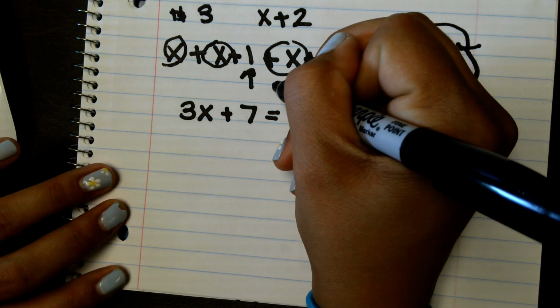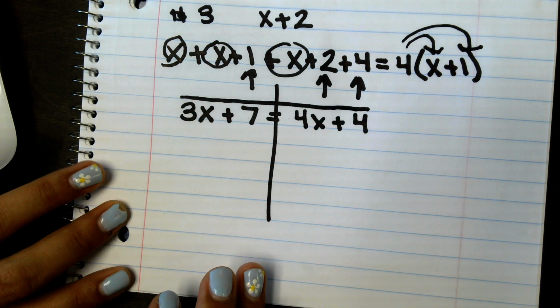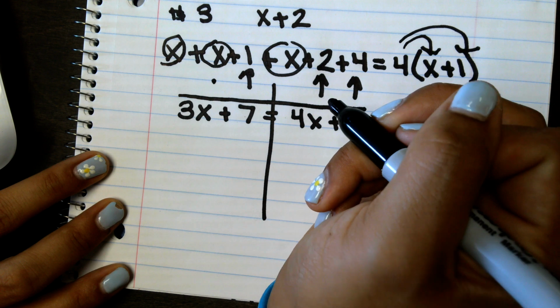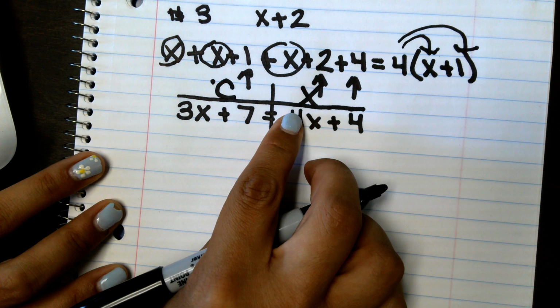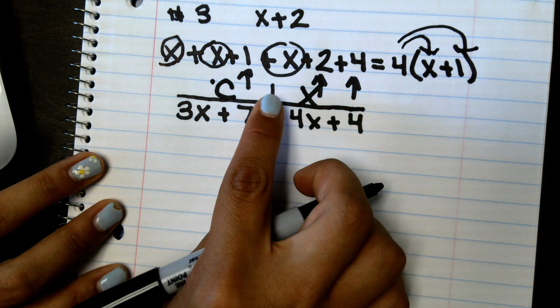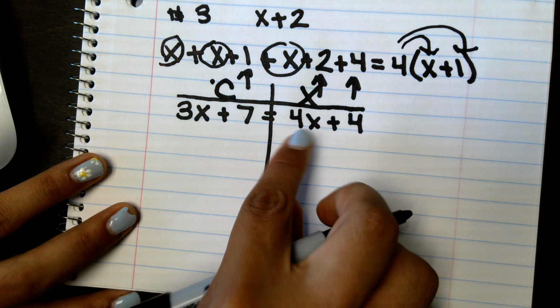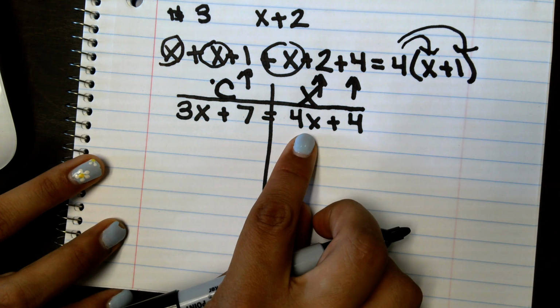Now, again, as I've showed you, I like to use my little T-chart, and let's say I get all my x's over here and all my constants over here. It doesn't matter which side you get all your x's on, it just has to be one or the other. The reason I'm choosing this side is because there are already more x's over here.